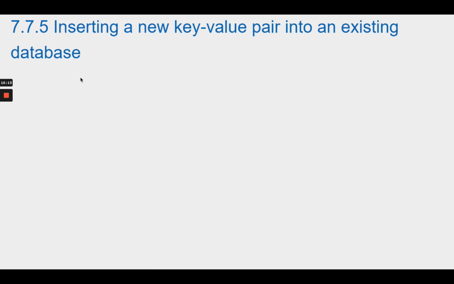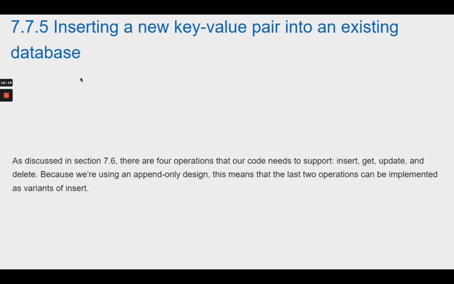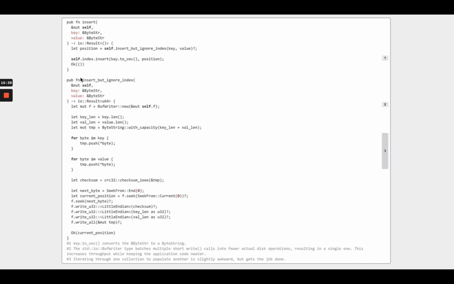Section 7.7.5. Inserting a new key-value pair into an existing database. As discussed in Section 7.6, there are 4 operations that our code needs to support: insert, get, update, and delete. Because we're using an append-only design, this means that the last 2 operations can be implemented as variants of insert.